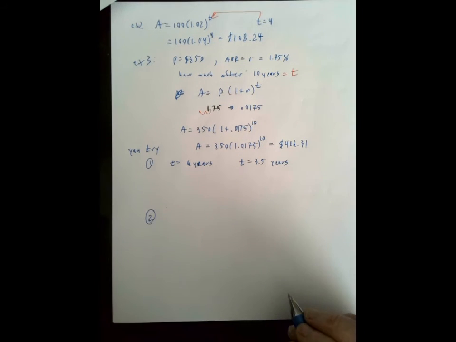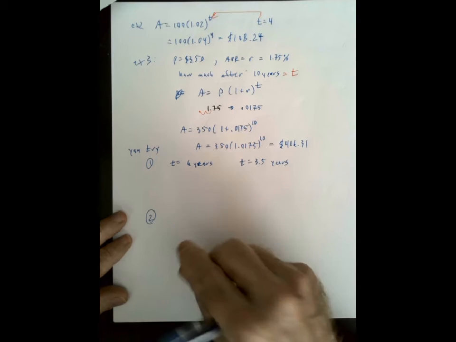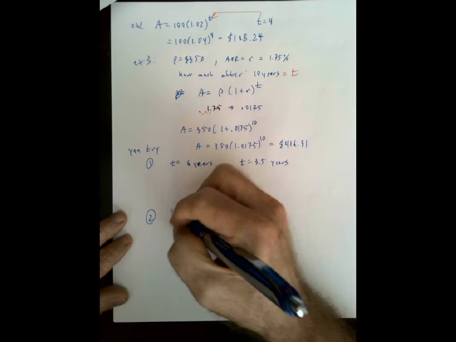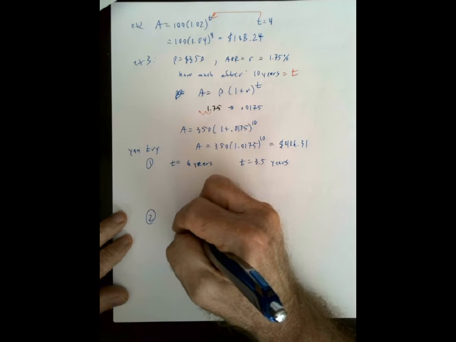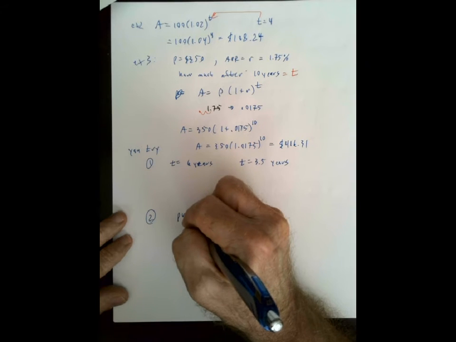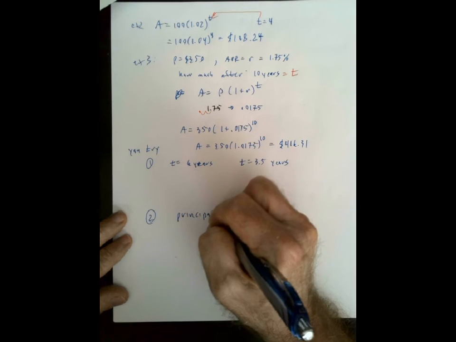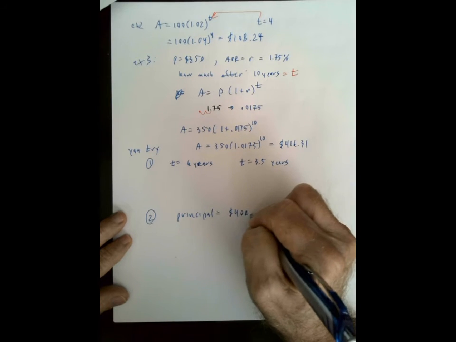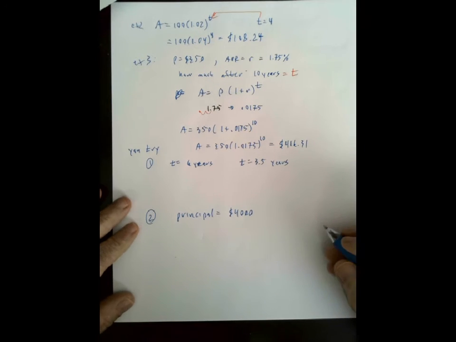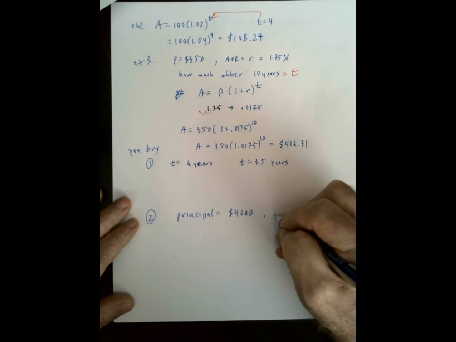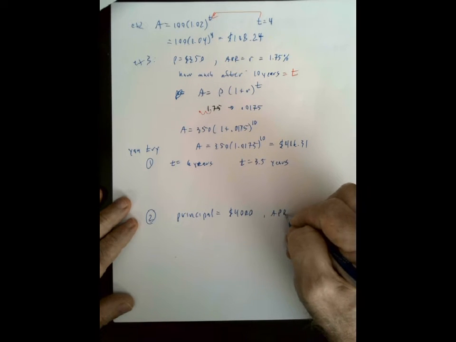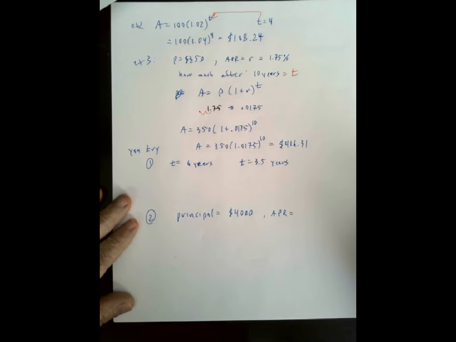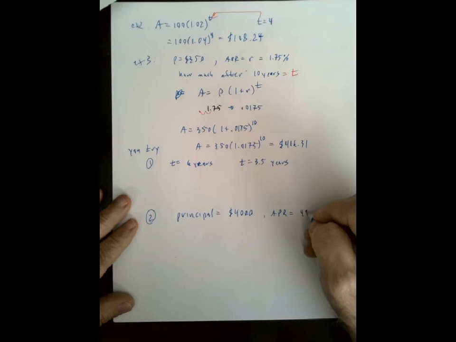Let's say that the initial principal is equal to $4,000, right? And let's say that the APR, the annual percentage rate, is going to be, say, 4%.